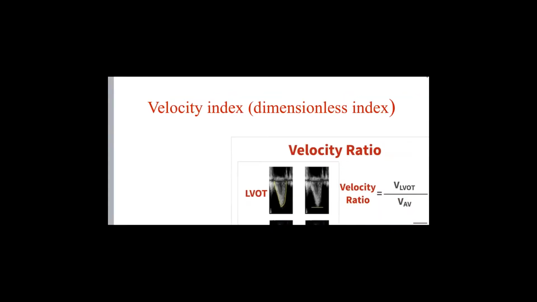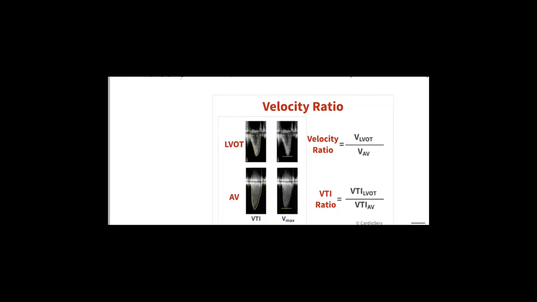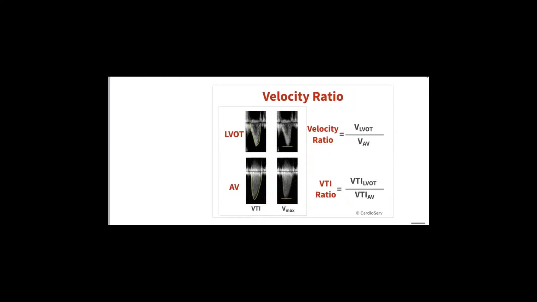Before we dive into the 4th equation, I wish you just grasp this concept of velocity ratio. Velocity ratio is the ratio of the proximal velocity over the distal velocity, whether you are using peak velocity or TVI, but it's better to use TVI than peak velocities.